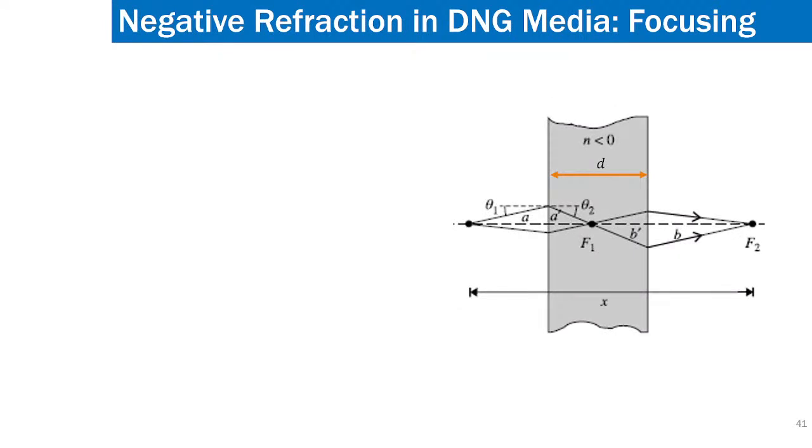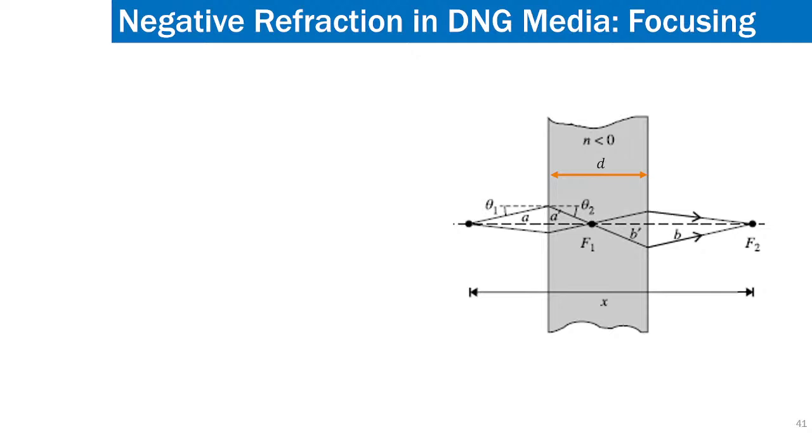Now let us see a slab of negative refractive index. The slab width, or thickness, is D. That is what we see here.